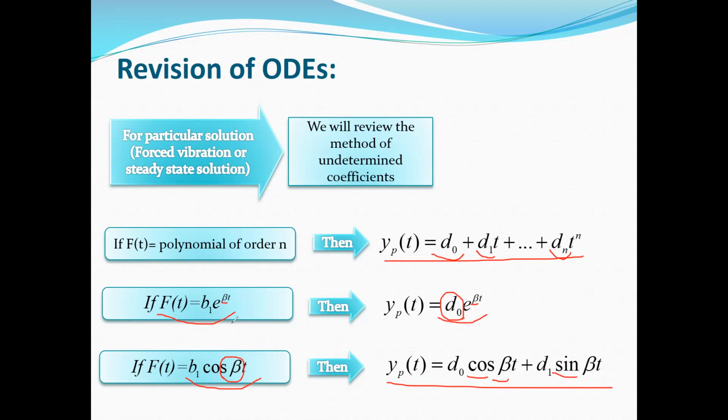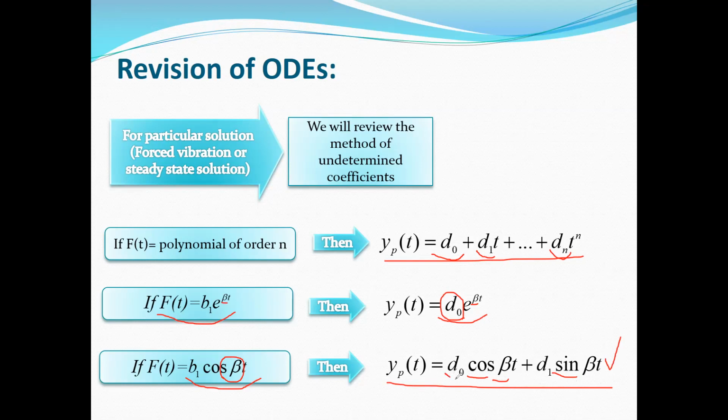Again, if the non-homogeneous term was equal to, for example, b1 times sine beta t, the particular solution is the same as for the cosine function. Again, we will consider the same particular response.